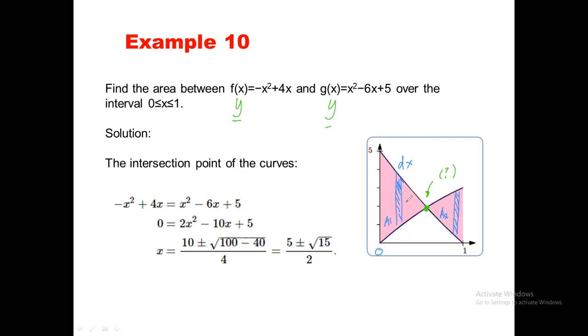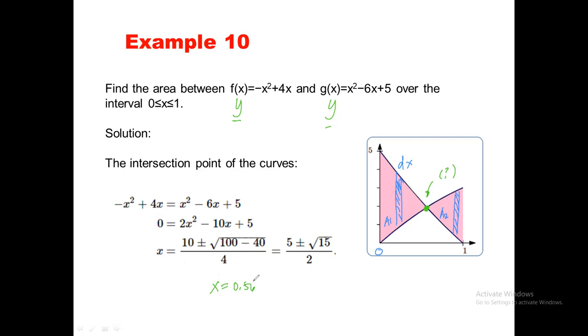So if you have 5 minus the square root of 15, your answer is 1.12. And if you're going to divide it by 2, your answer will be 0.56. So one answer is 0.56. That is if you do subtraction.